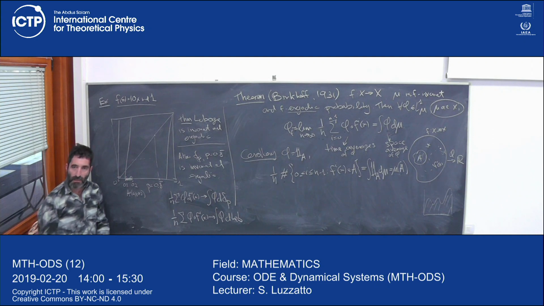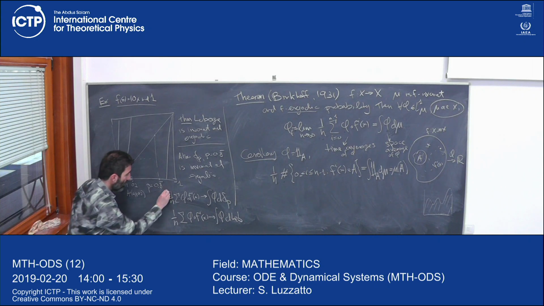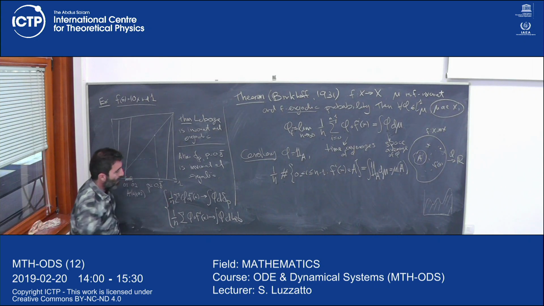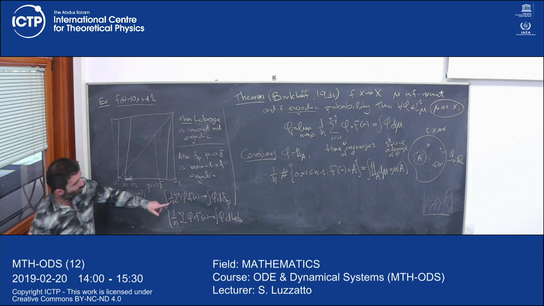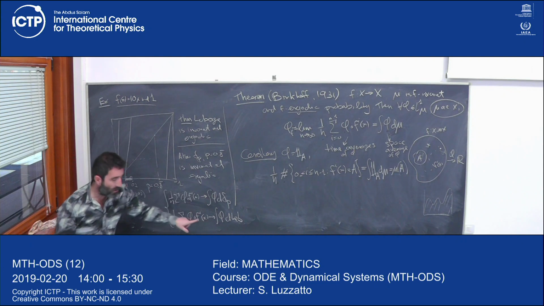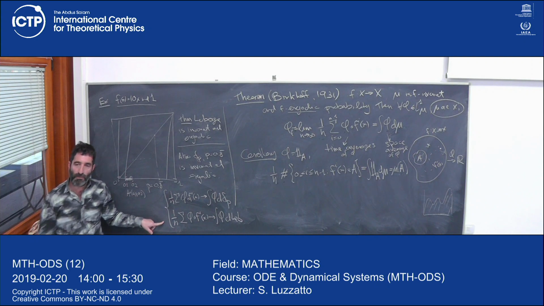So if a system has several invariant ergodic measures, as is the case in these particular examples, Birkhoff's ergodic theorem gives us two different limits to which this sequence converges. So how is that possible?